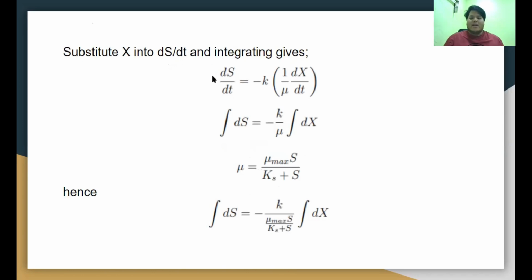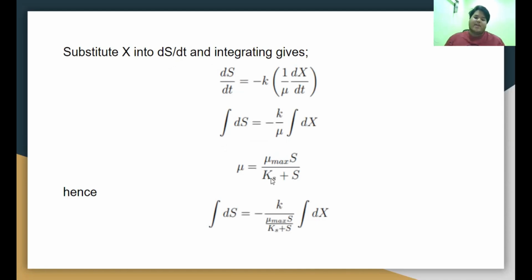So we get, and then we integrate: the integral of dS equals negative k over mu, integral of dX. And if you remember the Monod equation, which describes mu, we can substitute the Monod equation into the mu in the equation that we got.